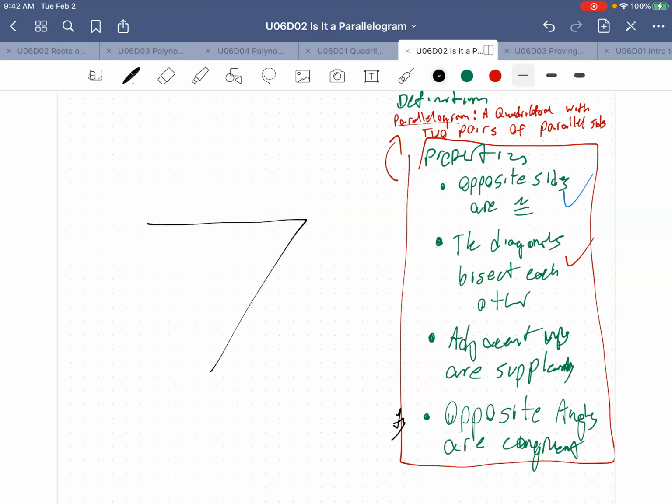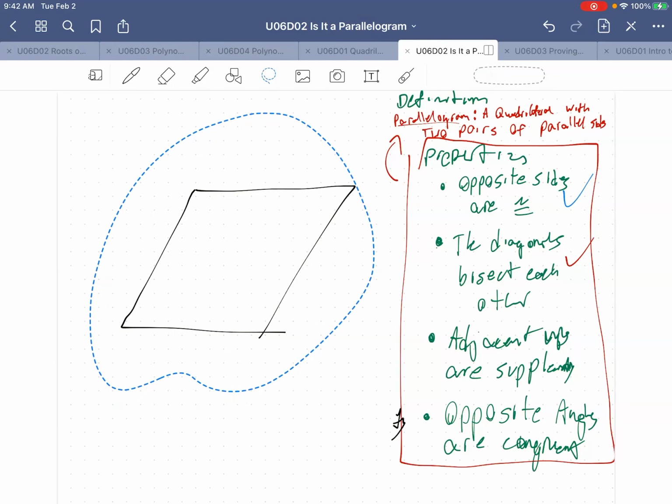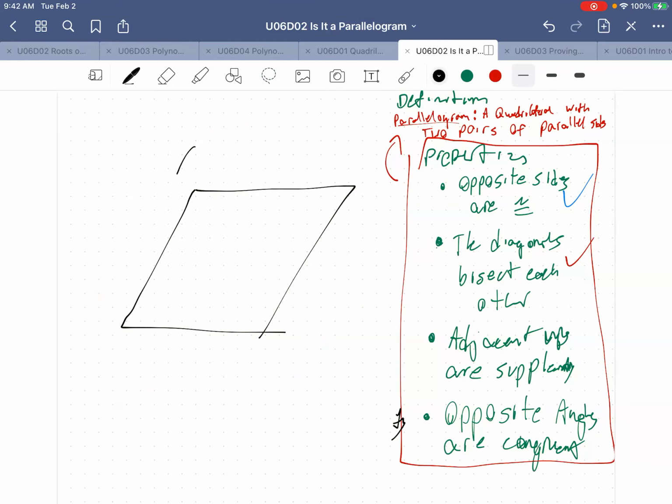So if we have a quadrilateral ABCD, and we're told that x plus y is equal to 180 degrees, that makes this angle x and this angle y as well.